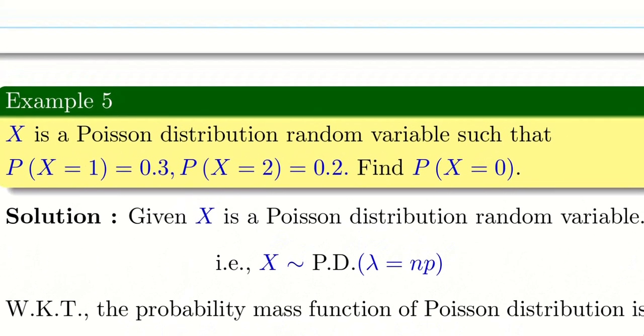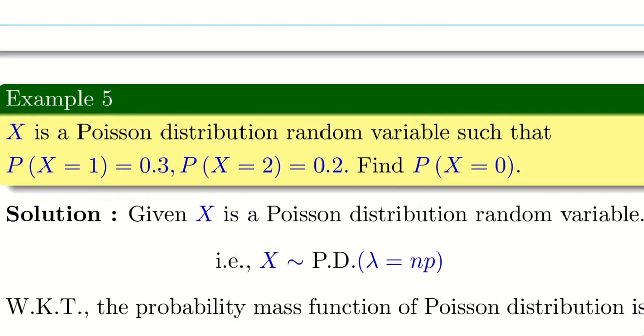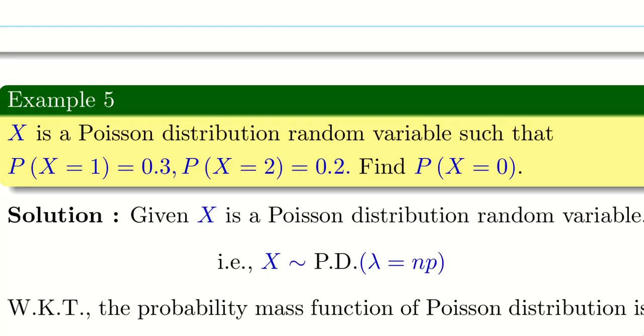These kinds of problems can be asked in small questions or sometimes MCQs. What they're asking, first of all, is not to find any probability, and none of the information is given. They give the probability at x equal to 1 as 0.3 and the other value as 0.2.